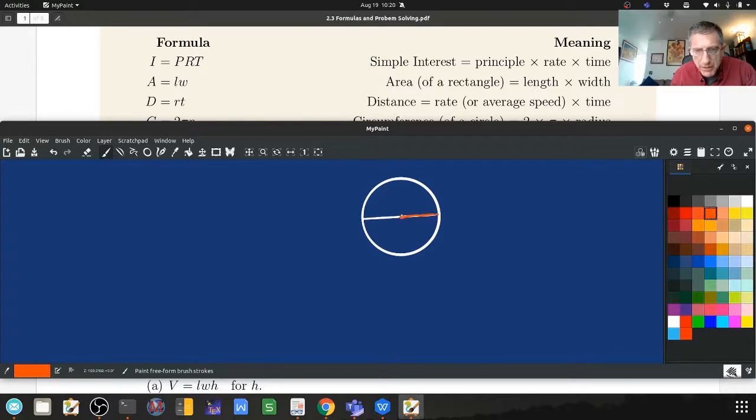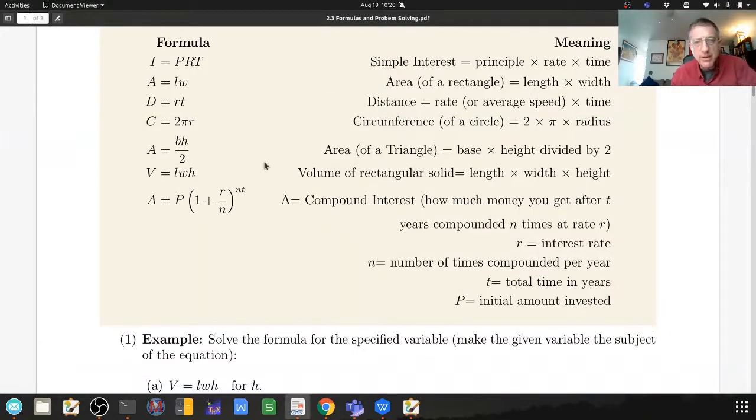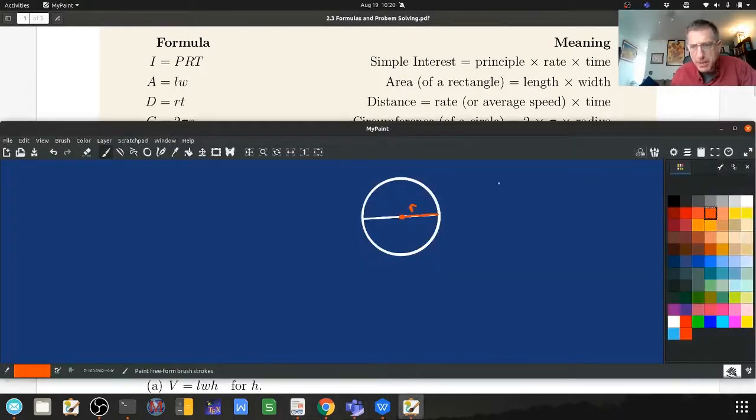So from the center on out, that's going to be the radius. The circumference is the entire length of walking around the edge. So this formula here lets you find that length by multiplying the radius times 2 and then multiplying by the mathematical constant pi. Now pi is an irrational number, so we can never actually write out its exact value because its exact value goes on and on forever without repeating.